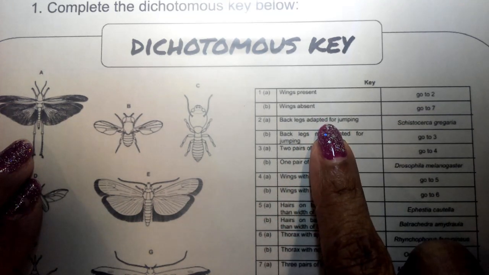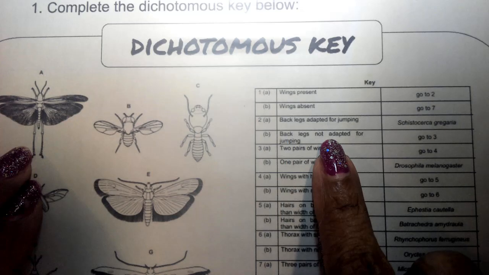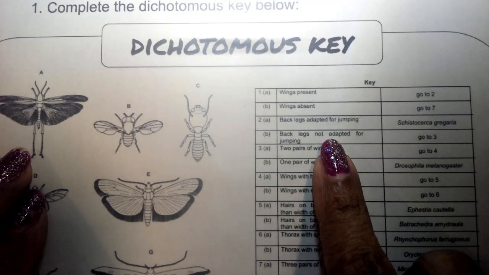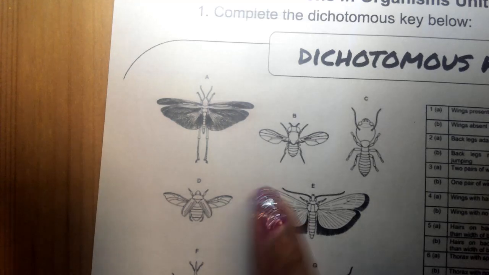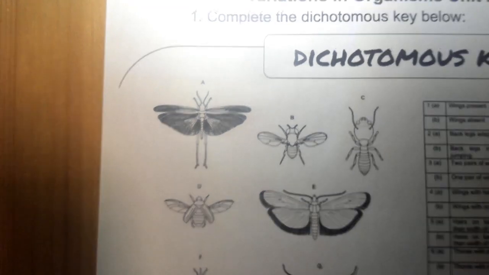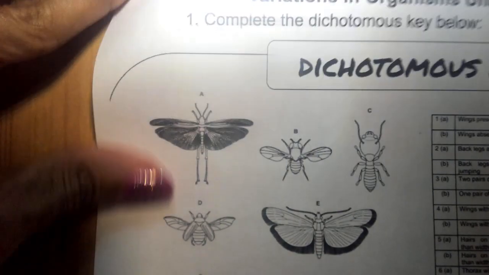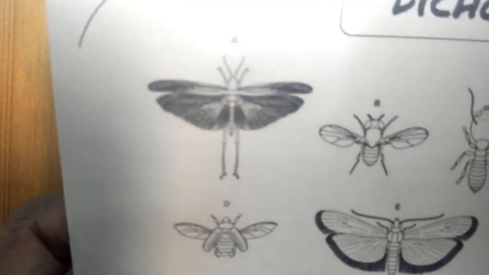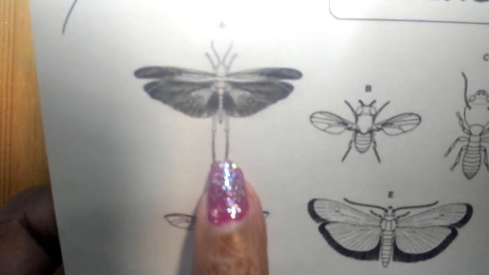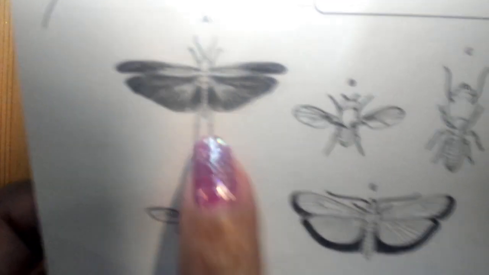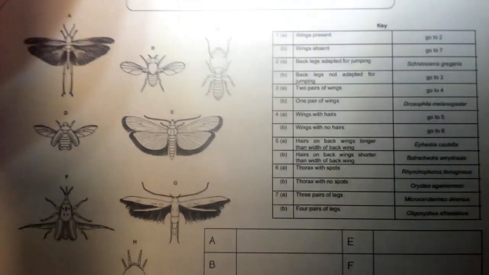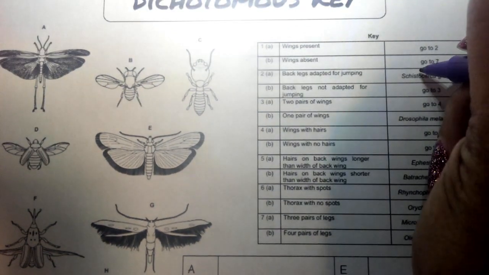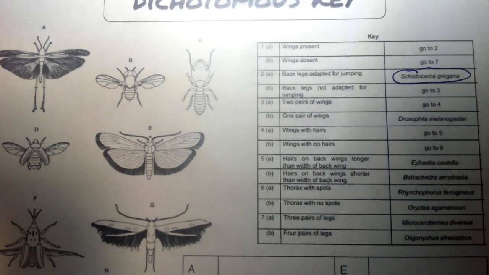Back legs are adapted for jumping. Back legs are not adapted for jumping. Well, if I zoom in, let's see if I can zoom in. Well, I'll pick the paper up. That might be easier. Okay, so if we look at his legs, there's a joint there. So it is adapted for jumping, okay? So this is this one. And I'm not going to even try to say these names.